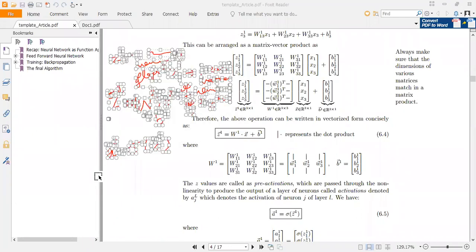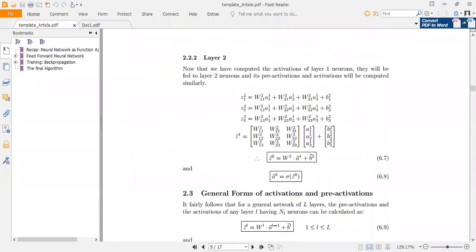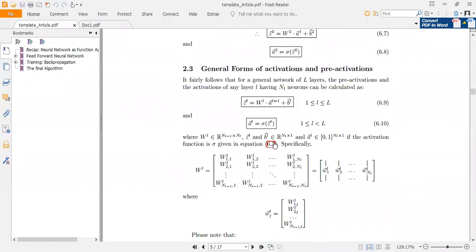Then the only thing we needed to take care of was how to handle the final layer, and we said that this is true for all the layers. But in the last layer, since we have to compute the probability, instead of this sigmoid activation in the last layer neurons, we use something called the softmax.